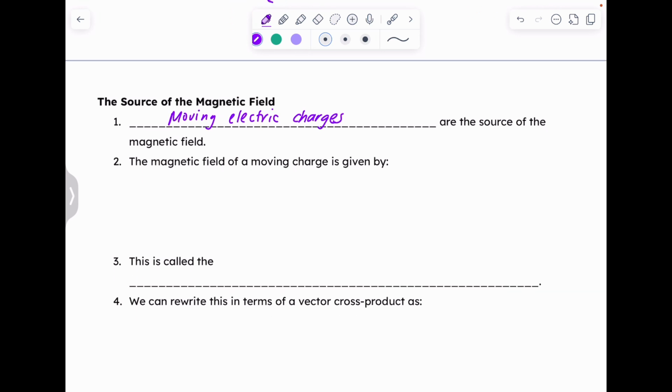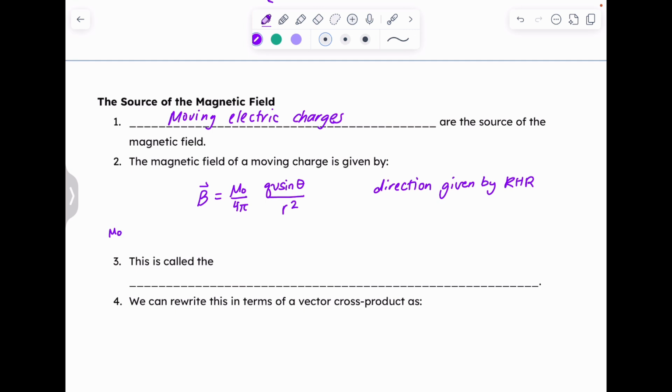The magnetic field of a moving charge is given by the equation. We have B vector equals mu naught over 4 pi, and then QV sine theta over R squared. The direction is given by the right-hand rule.